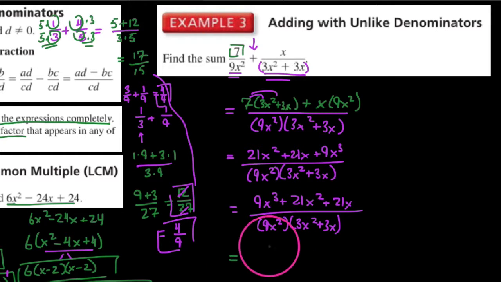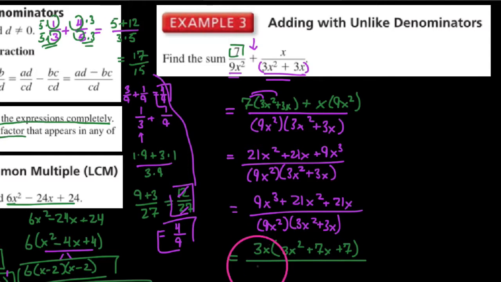But in terms of factoring the top and the bottom, what do we notice is a common factor at the top? I notice that they all share a common factor of a 3 and an x. So looking at the top again, we would be left with 3x squared plus 7x plus 7, which I don't think factors anymore. And on the bottom here, 9x squared is just 9x squared. But I noticed that 3x squared and 3x have a common factor of 3x.